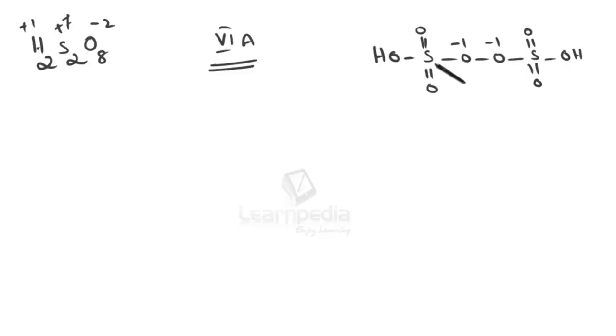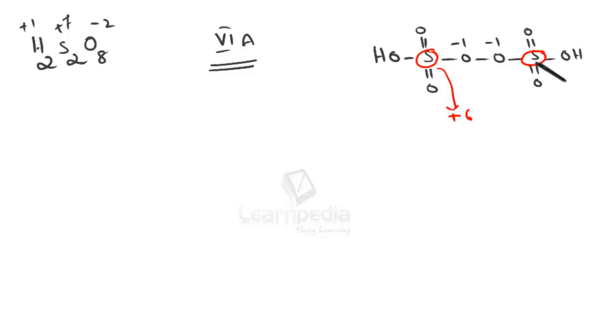So when we now work out the oxidation state for this sulfur and this sulfur, what do we find? This oxygen is -2, -2, so sulfur is +2, +2. With respect to this oxygen, +1, +5. With respect to this oxygen, +1. Totally it is +6.